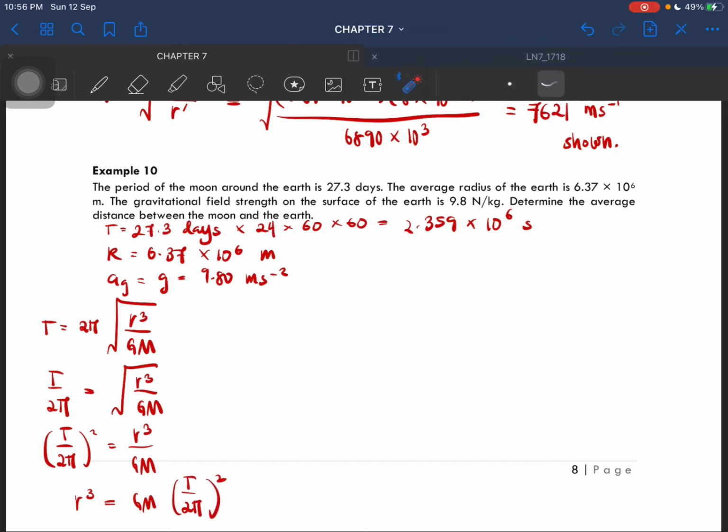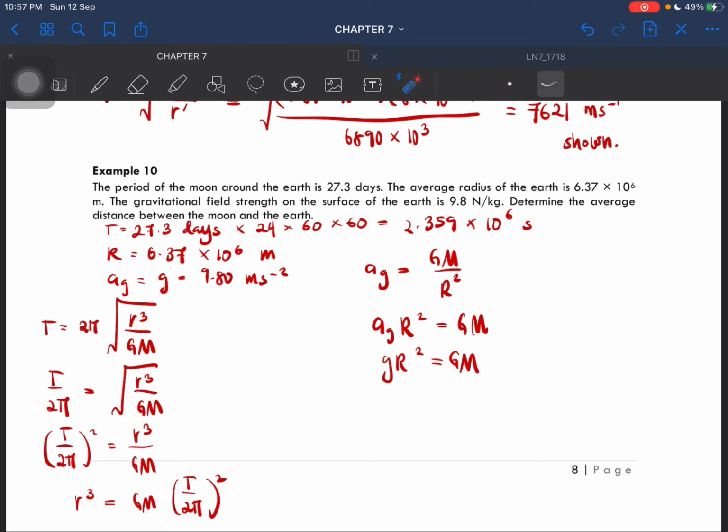Okay, however, we do not have the value of capital M here, so we have to use the equation g equal to GM over r square. Okay, so this is g r square equal to GM.